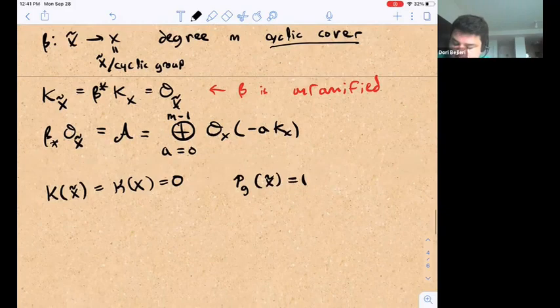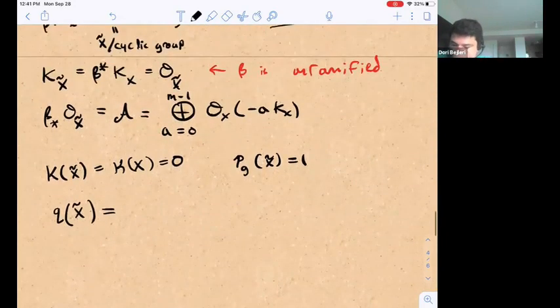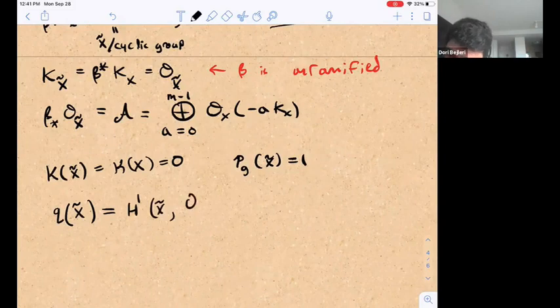So the last question is, what's the irregularity of X tilde? And that we can compute in terms of this push forward of O_X tilde. By definition, this is H^1(X tilde, O_X tilde).